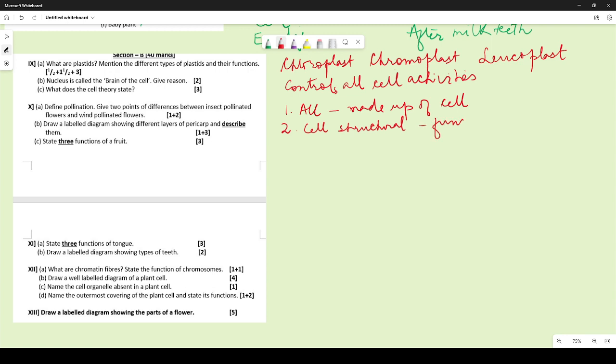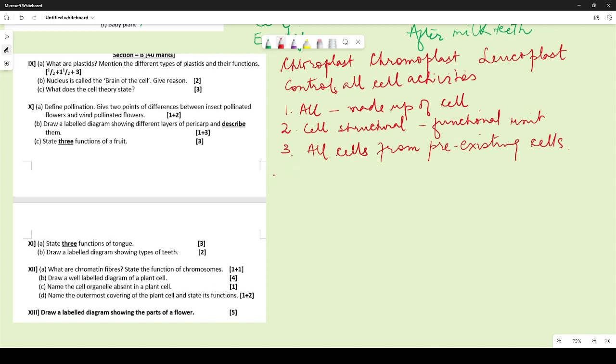That is the second point of the cell theory. The third point says that all cells come from pre-existing cells. So those are the 3 points of the cell theory.